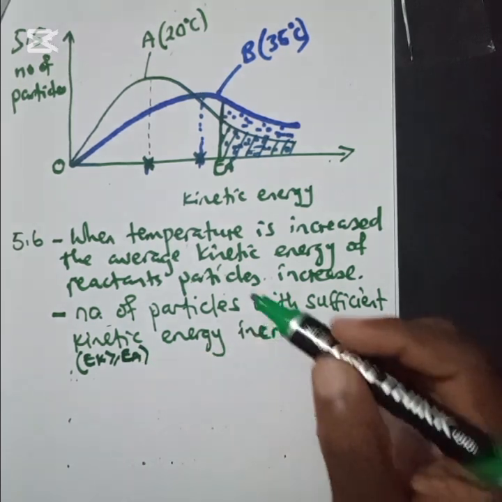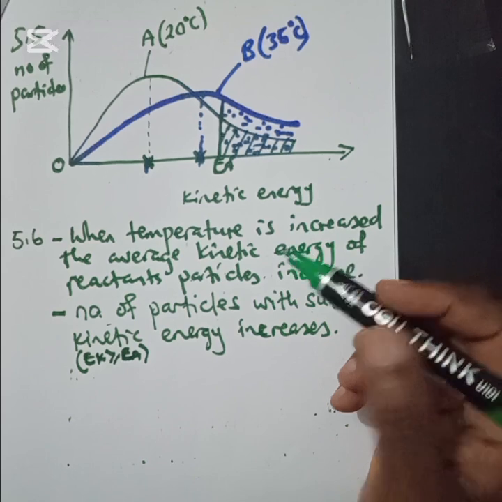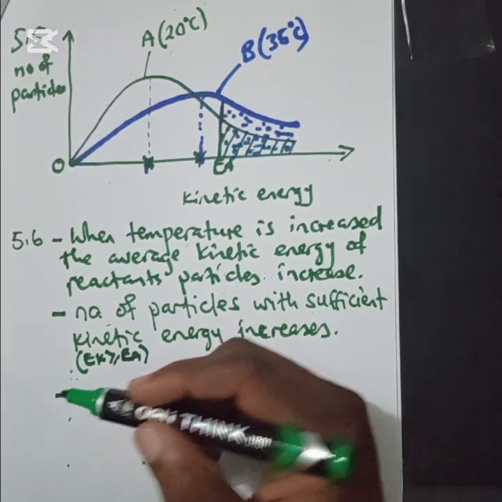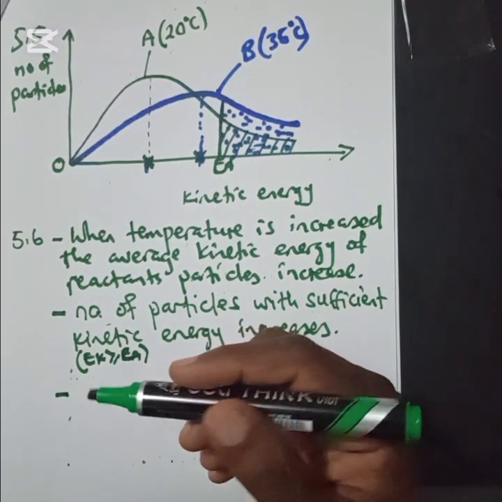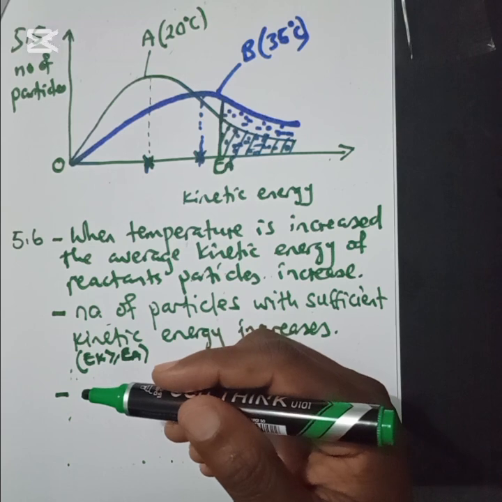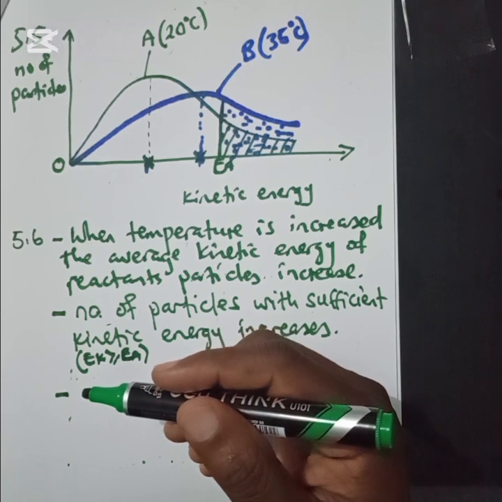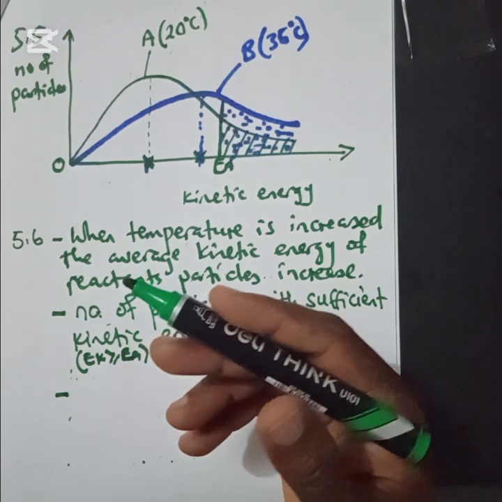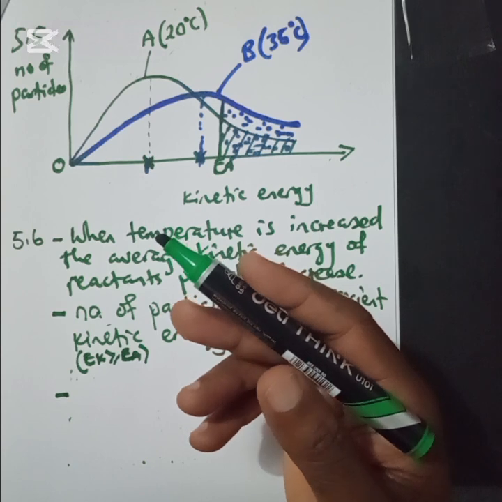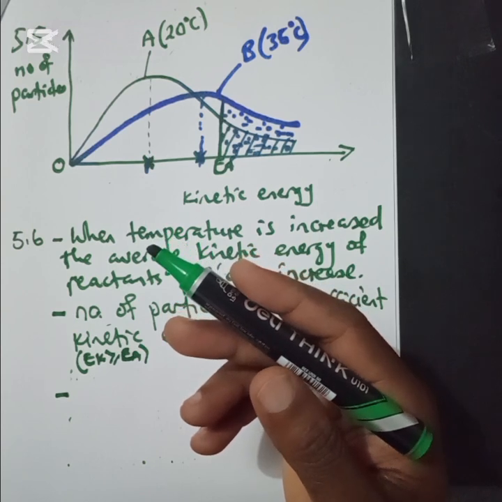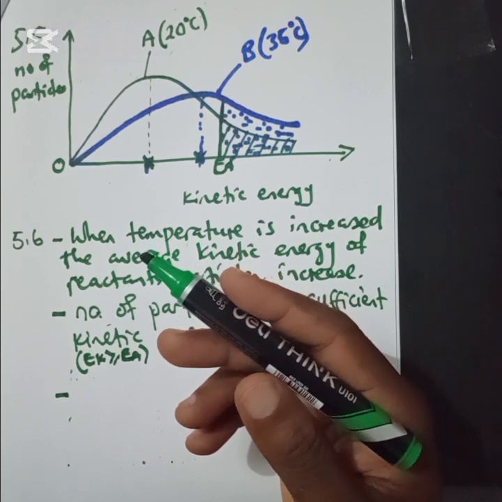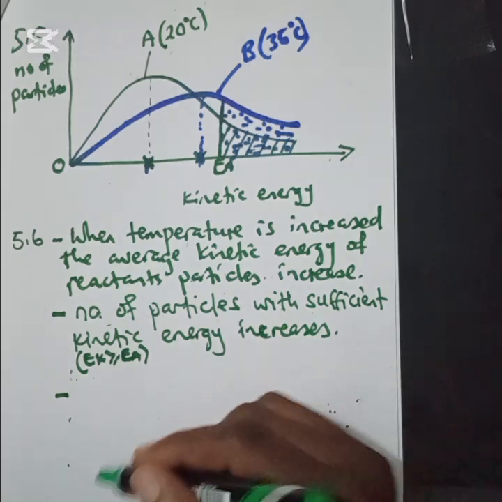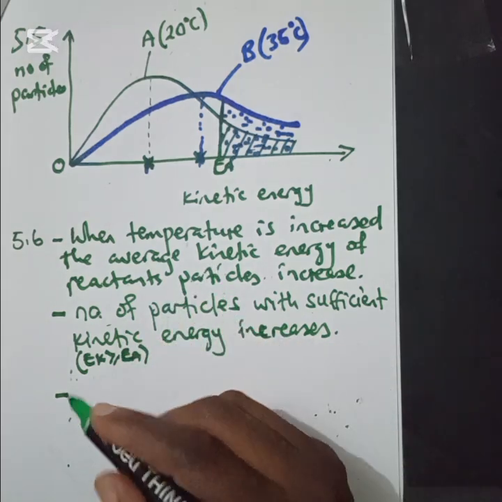That is what we mean by sufficient kinetic energy. Then your last point will be the frequency of effective collisions increases. A point which you can also write is the number of effective collisions per unit time increases. So I like this shorter one.